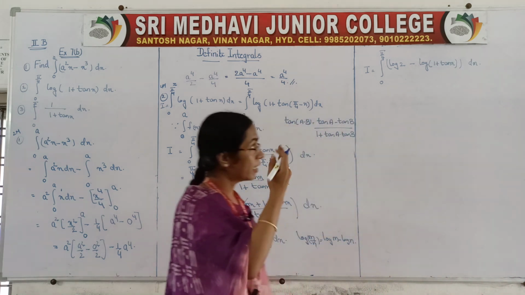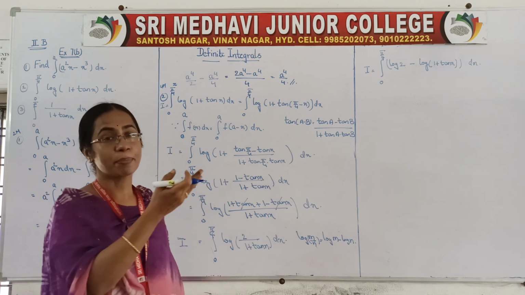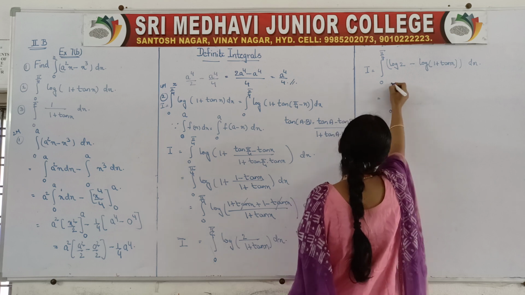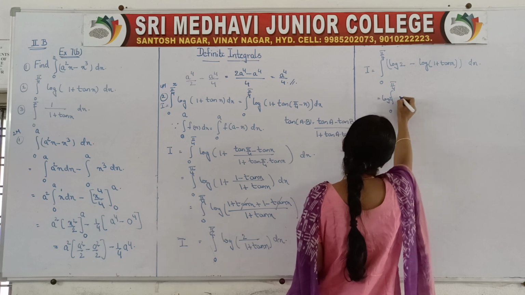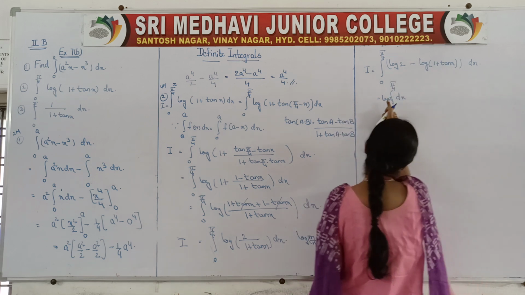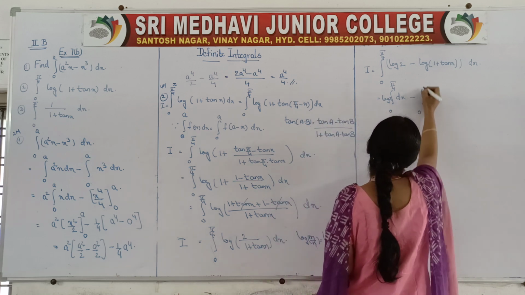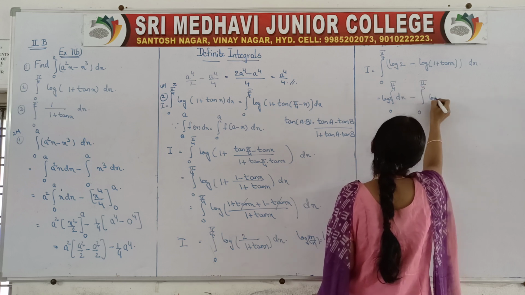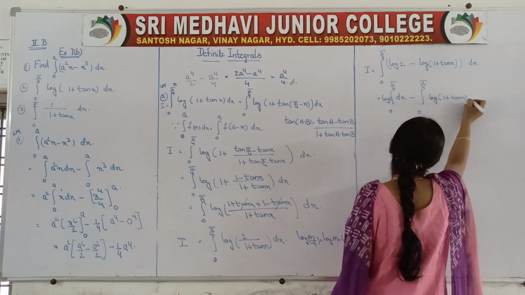And I said so many times, whenever plus or minus is there, we can take separate integrals. So we can write this as integral 0 to pi by 4 log 2 into dx, isn't it? Separating, log 2 is constant, we can write it outside, minus integral 0 to pi by 4 log of 1 plus tan x dx.